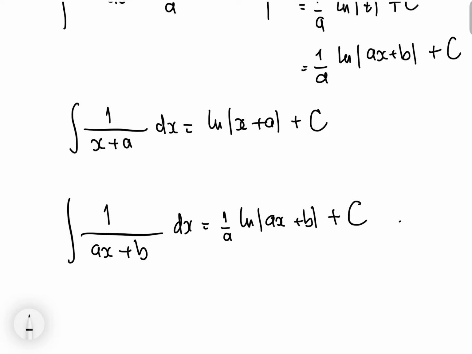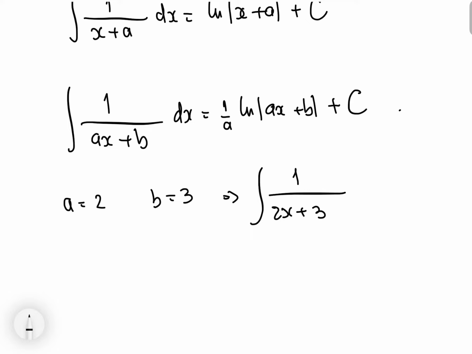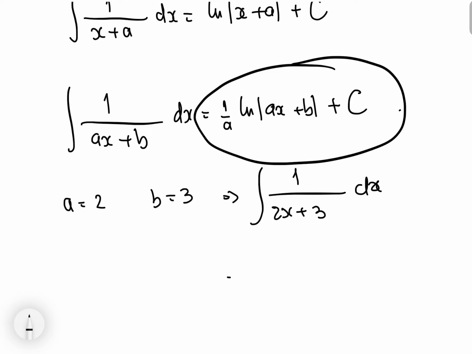And you can immediately see that if you have a equals 2, b equals 3, this is the integral of 1 over 2x plus 3 dx. And using this formula now, you can simply calculate that it is 1 over 2 ln of the absolute value of 2x plus 3, plus c.